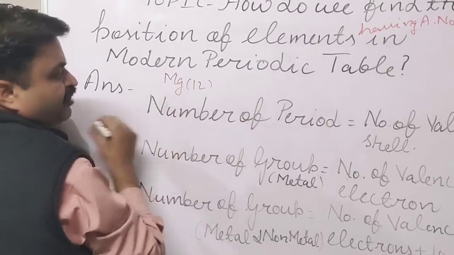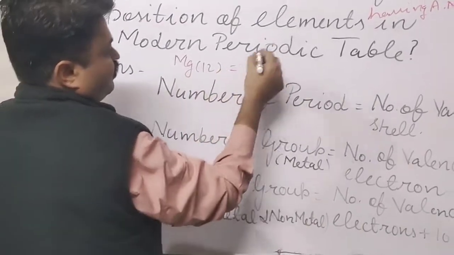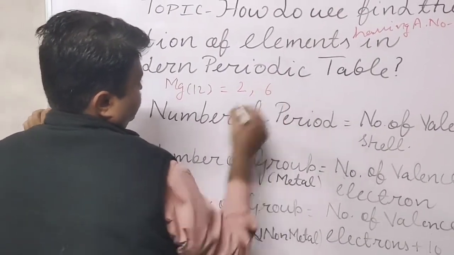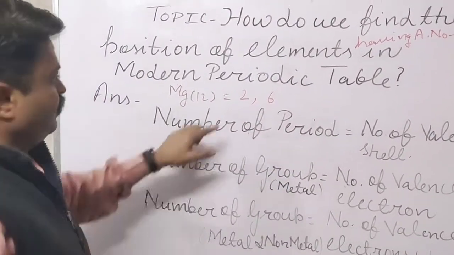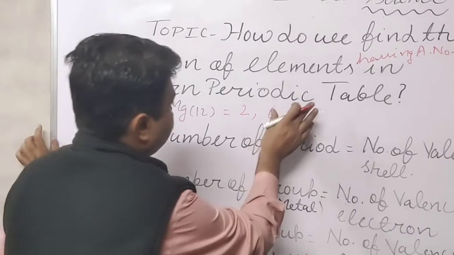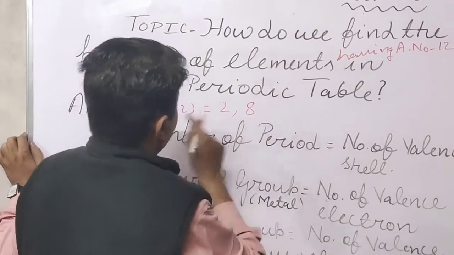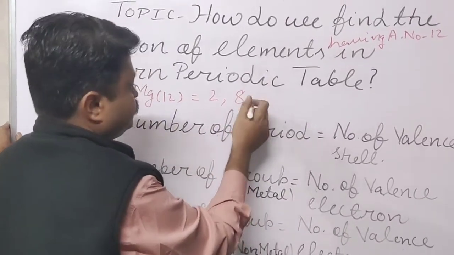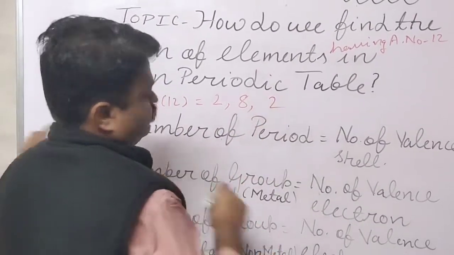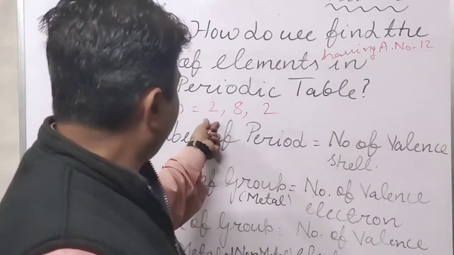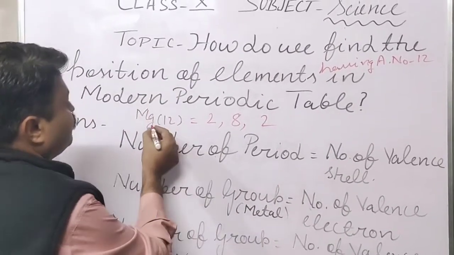Magnesium, atomic number 12, and we write here 2, 8, and 2. It is the electronic configuration of magnesium.